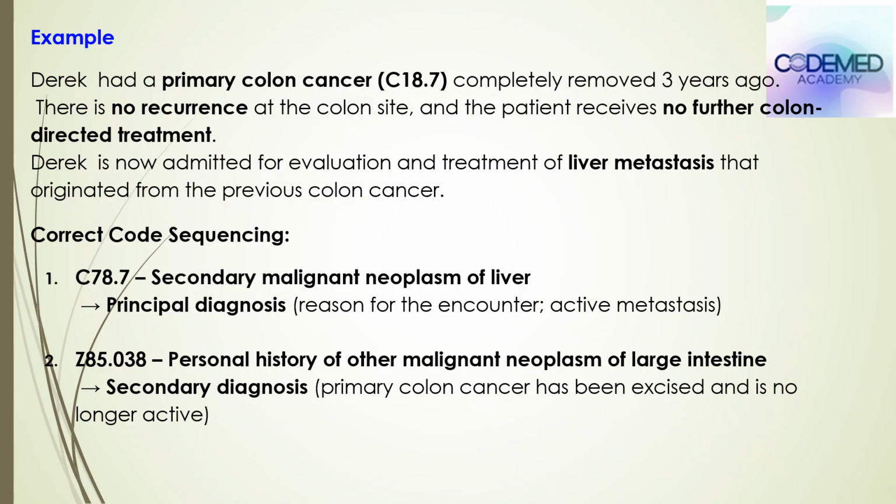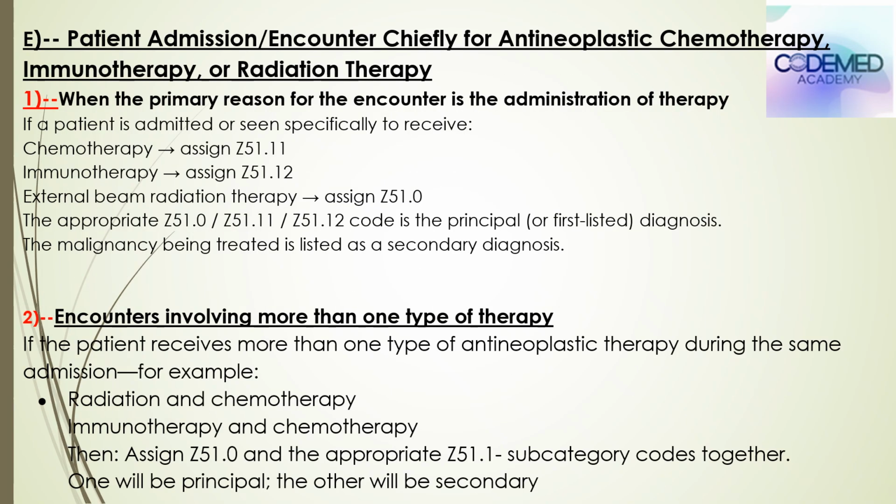Now let us take the next guideline, that is patient admission chiefly for the antineoplastic chemo, immuno or radiotherapy. Now when the primary reason for the encounter is for the administration of the therapy, then in that case for the chemotherapy we assign the code Z51.11, immunotherapy Z51.12 and external beam radiation therapy Z51.0.